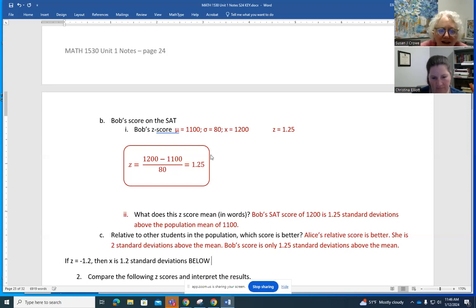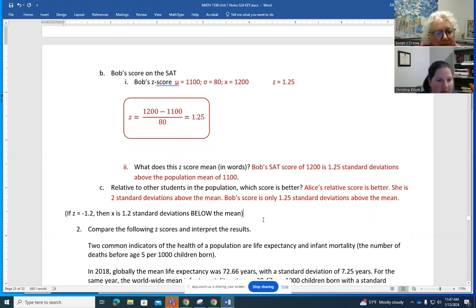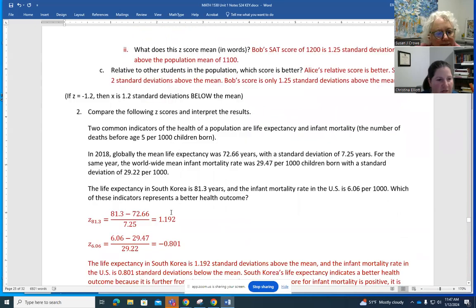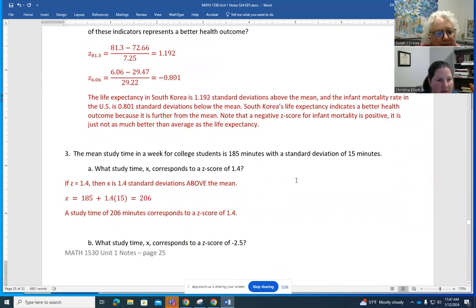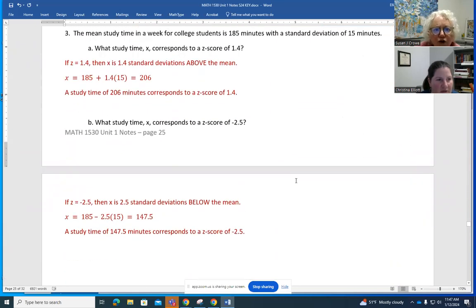That's how you express the negative information, by saying below the mean. You don't say that it is negative 1.2 standard deviations. You say it's 1.2 standard deviations below the mean. There's an example here that you should read through, and try to work it and check with the key.